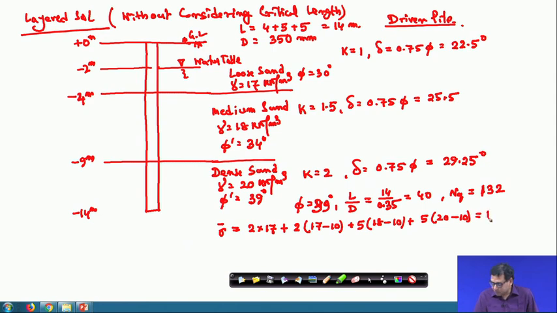So, that is equal to 138 kilonewton per meter square. So, my Qpu is equal to sigma bar into Nq. So, Nq is 133 from the figure.